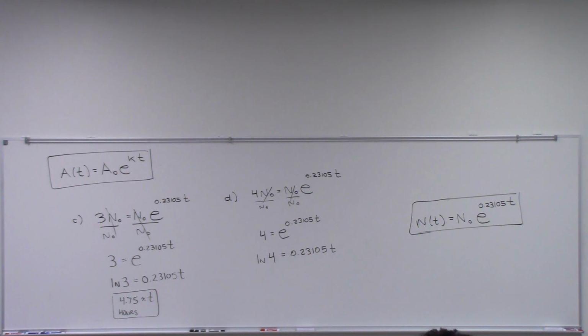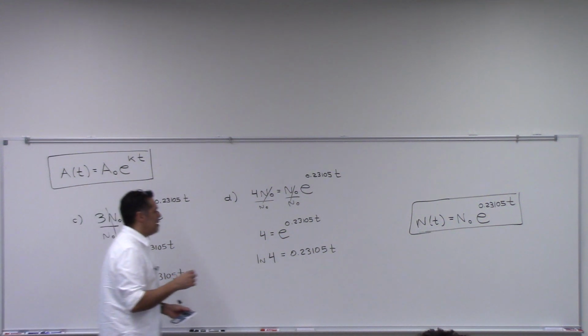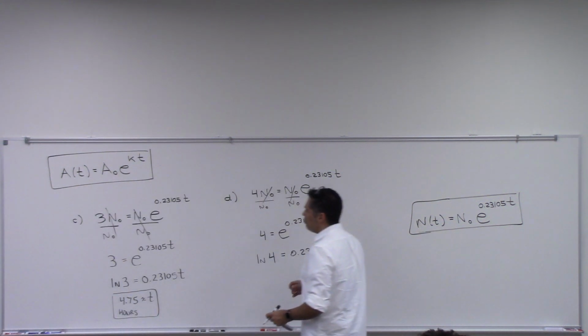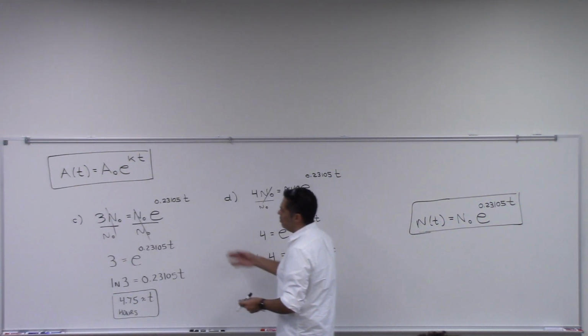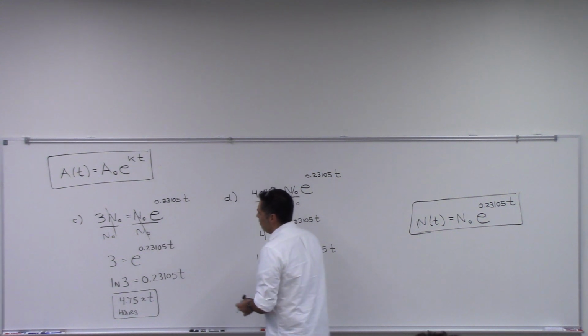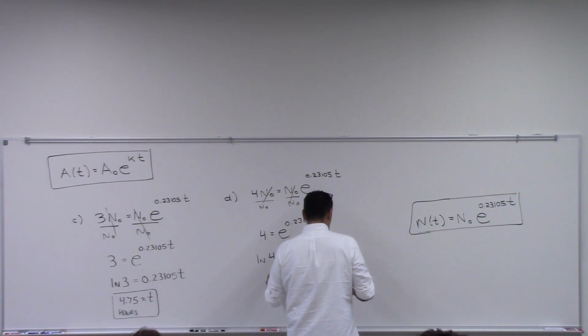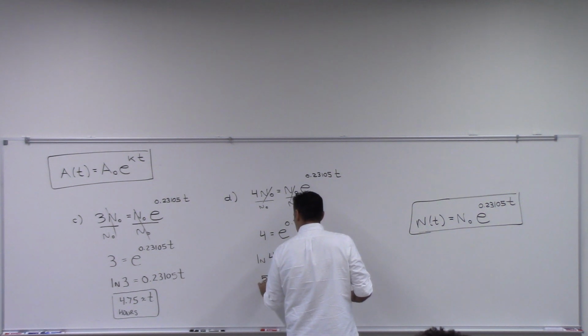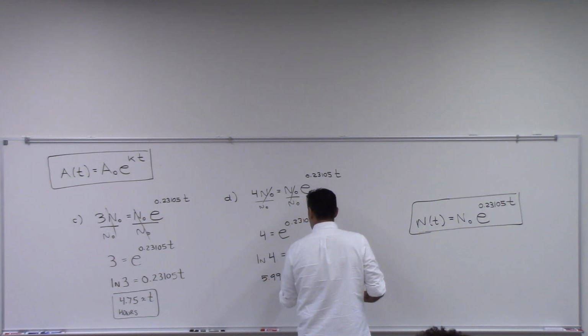Yeah, so it looks linear, doesn't it? But it's because this growth rate is 0.23. Maybe, I don't have the computer up. It would be cool to look at that graph, but I'm just going to go with 5.99 as t.